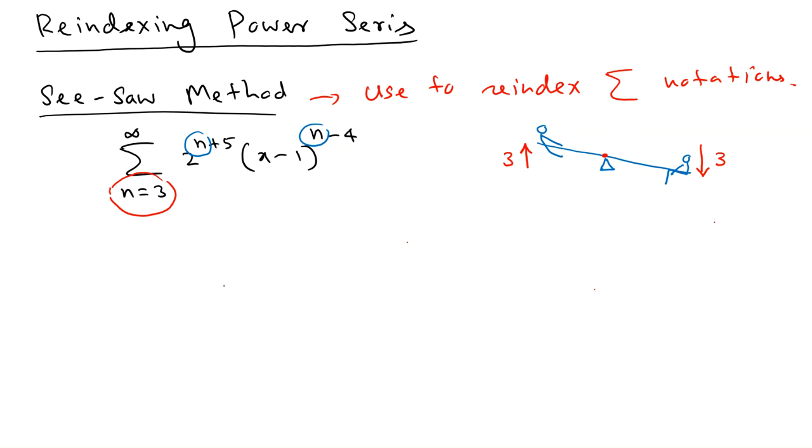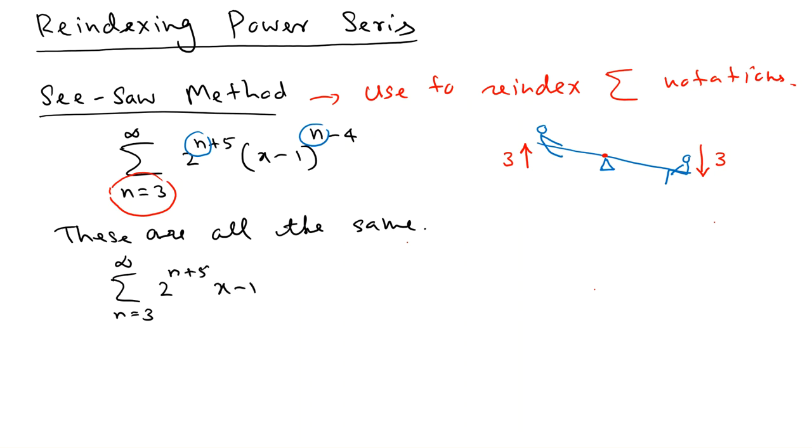So for example, you can write the same series in many different ways. These are all the same. Let's say sigma, n equals 3 to infinity, of 2 to the n plus 5, times x minus 1 to the n minus 4.